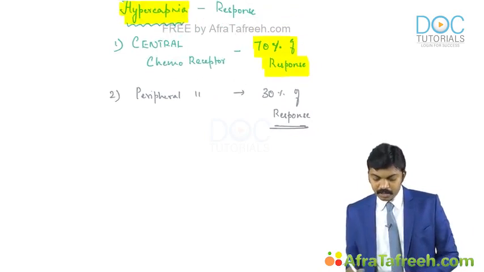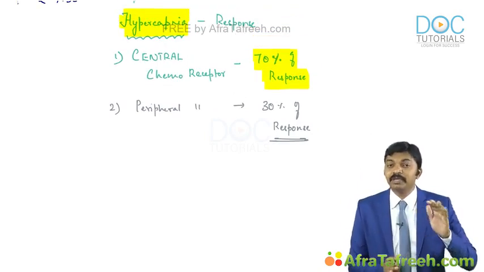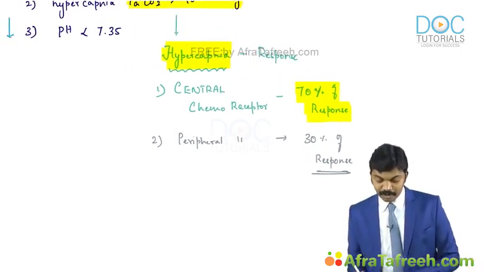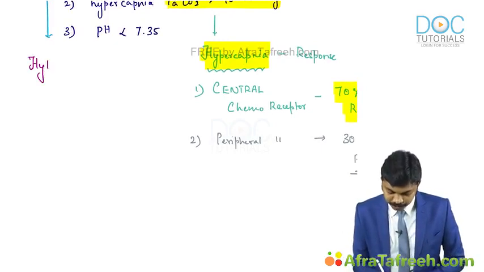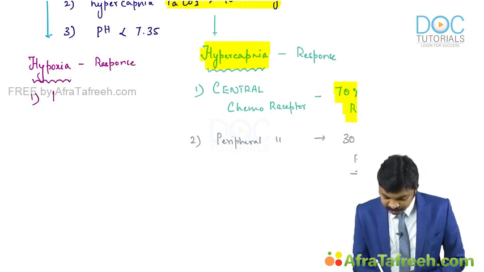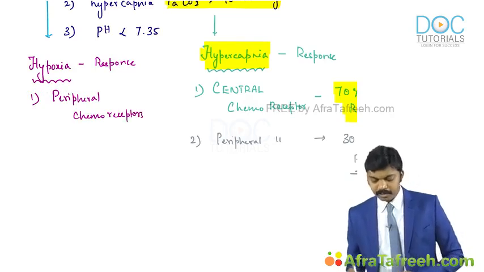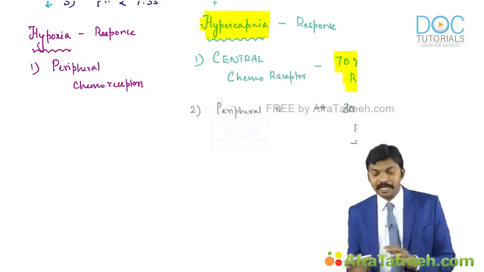Okay, people? So the response for hypercapnia comes primarily from central chemoreceptors and secondarily from peripheral chemoreceptors, whereas the response for hypoxia comes only from peripheral chemoreceptors. Right, doctors? This is point number 1 when it comes to hypercapnia as well as hypoxia.